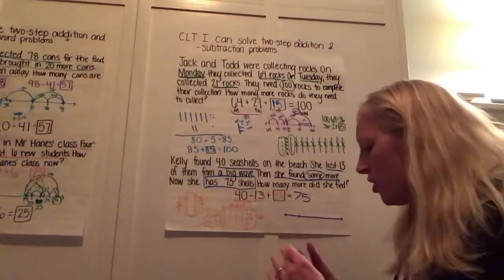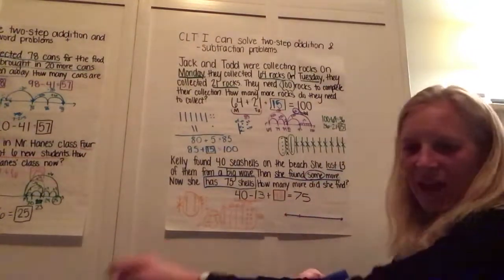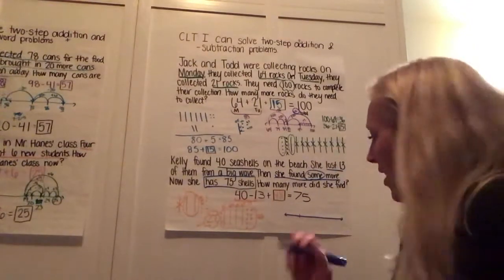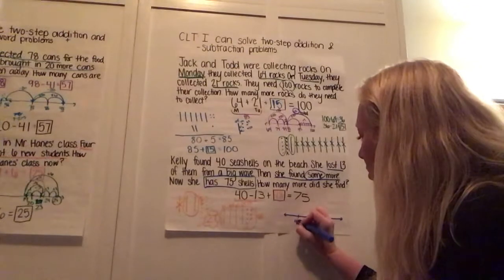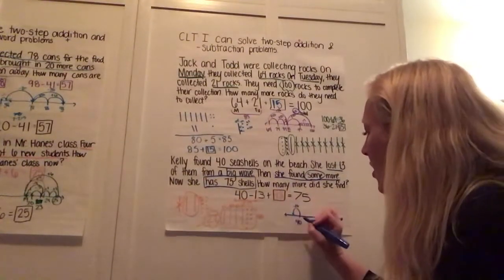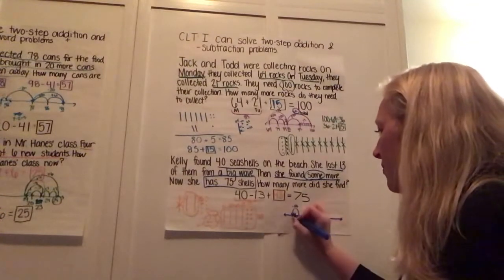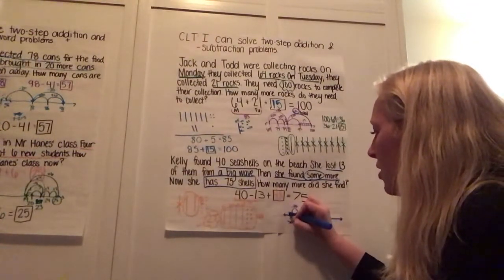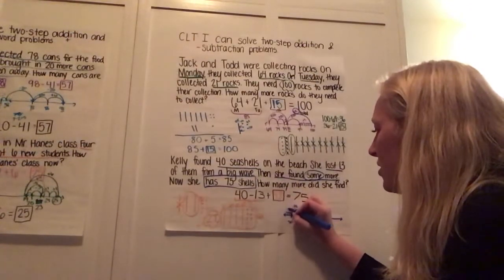Over here? And why didn't you draw it way at the beginning or way at the end? Had to leave some room to jump back, eh? All right, so when you started at 40, what did you do first? Took away 10. What did you land on for 10? 30, all right, and then what did you do? 29, 28, 27.